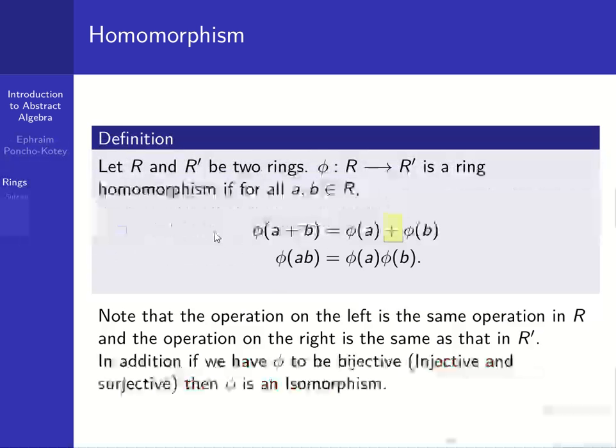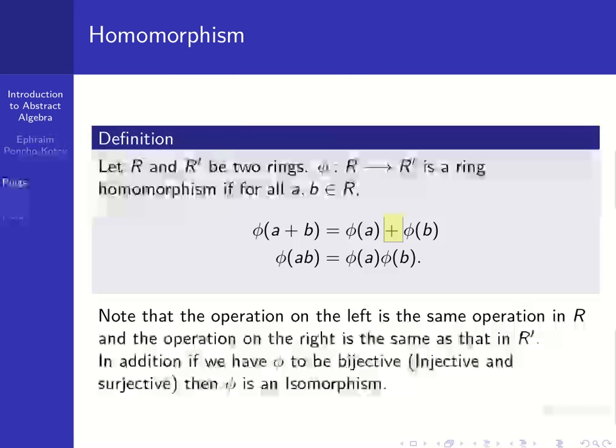Now let's discuss homomorphism. Let R and R prime be two rings. If phi is a map from R to R prime, then we say phi is a homomorphism if phi preserves the operations.